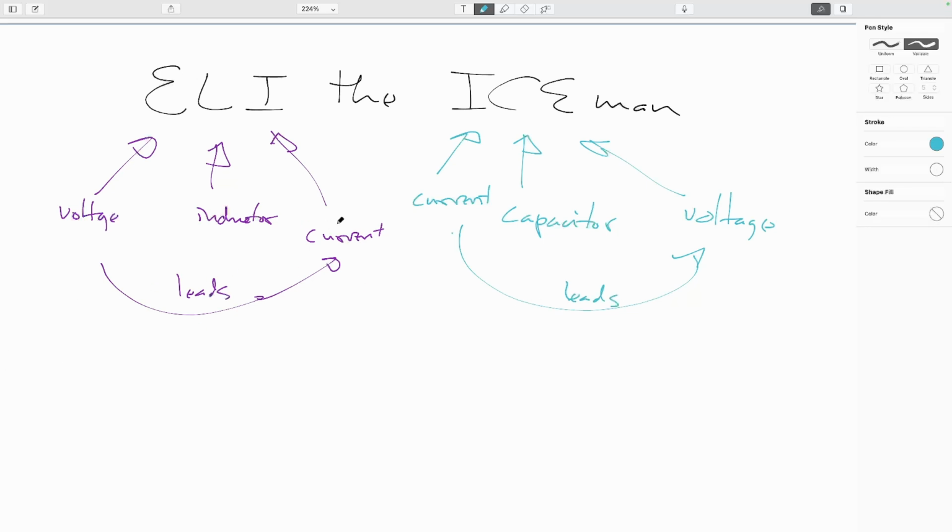Now, if you want to think about the other way, you can say the current lags the voltage in an inductor, or the voltage lags the current in a capacitor, because that letter came second. So this is a mnemonic for how to remember the relative phase of voltage and current between inductors and capacitors.